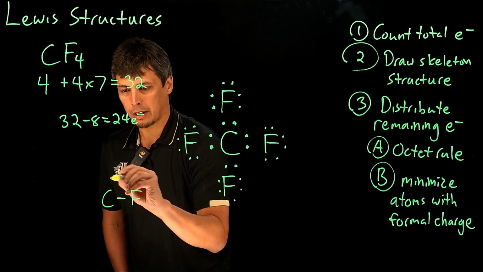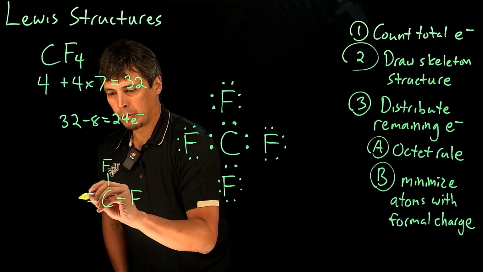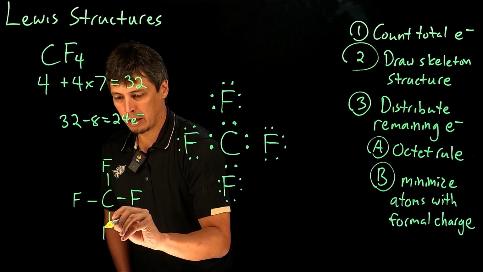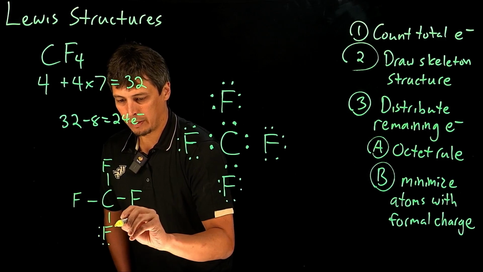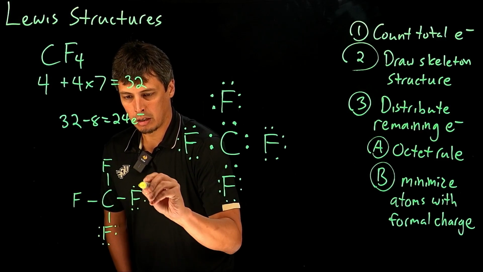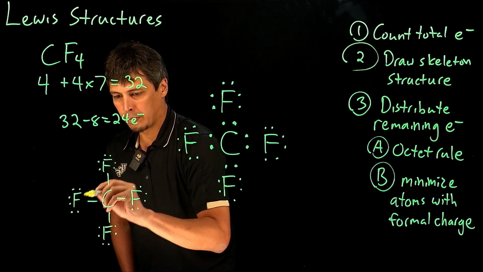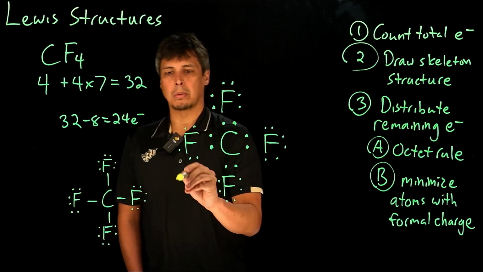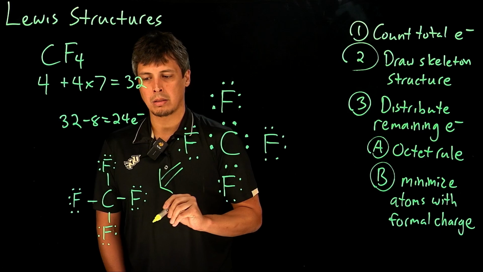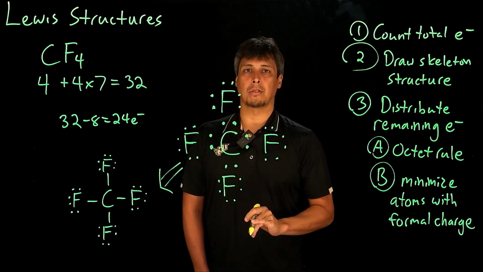So this can be a shorthand, but we're going to remain leaving the lone pairs on each fluorine atom. And so we can also depict our structure like this for tetrafluoromethane.